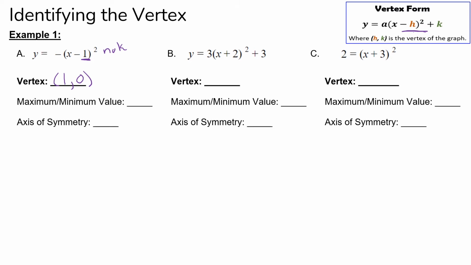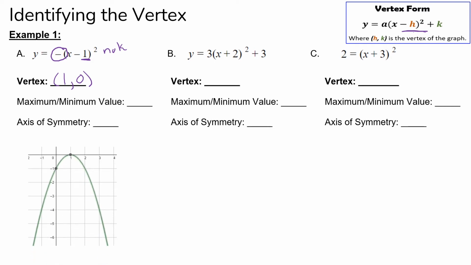Now, we want to know if it's a maximum or a minimum value, and we determine that by checking to see whether that graph goes up or down. If you remember, what determines whether or not a graph goes up or down? Well, our a value. So our a value here is -1. Remember, we don't put a 1, but that is a -1. So since that is negative, our graph goes down.